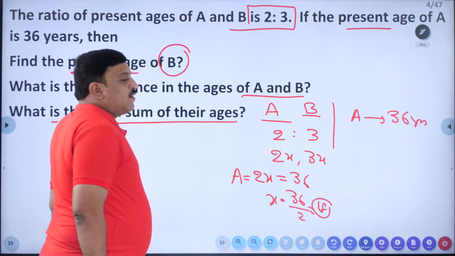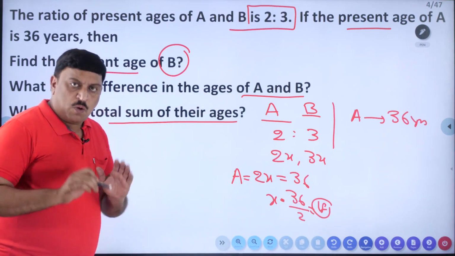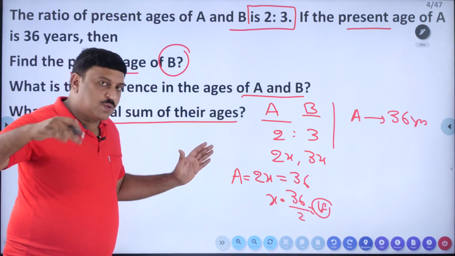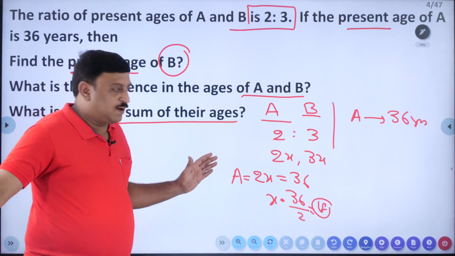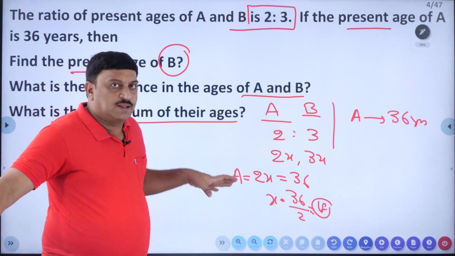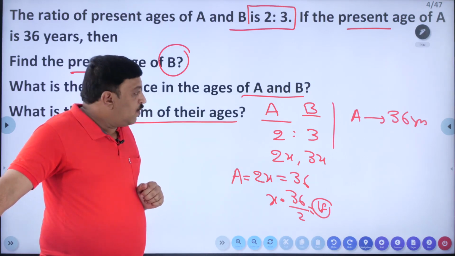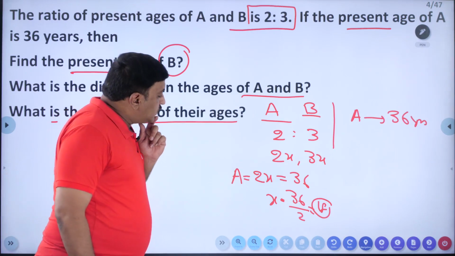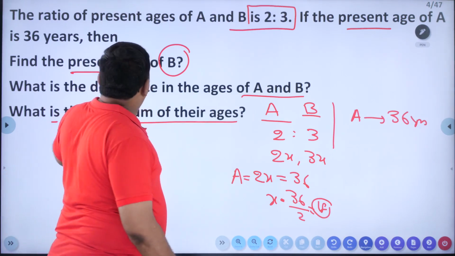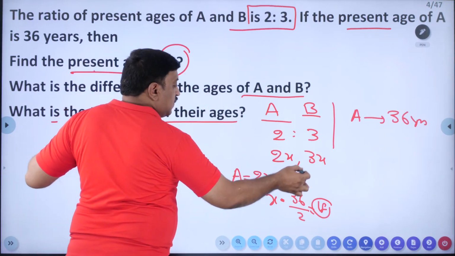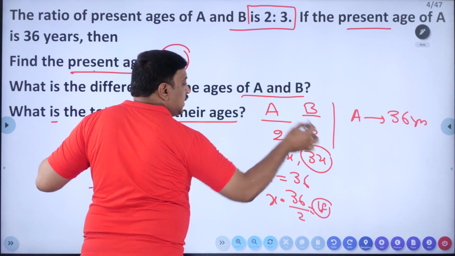Since you got 18 for X, hold a while, because this is what you learn in your school days, right? Okay, a little bit of revision like that. Otherwise, we don't use all these things. Then what do we need now? The present age of B. The present age of B is 3X.